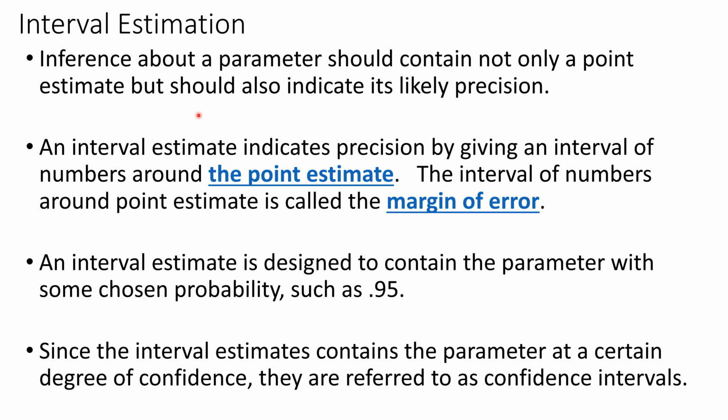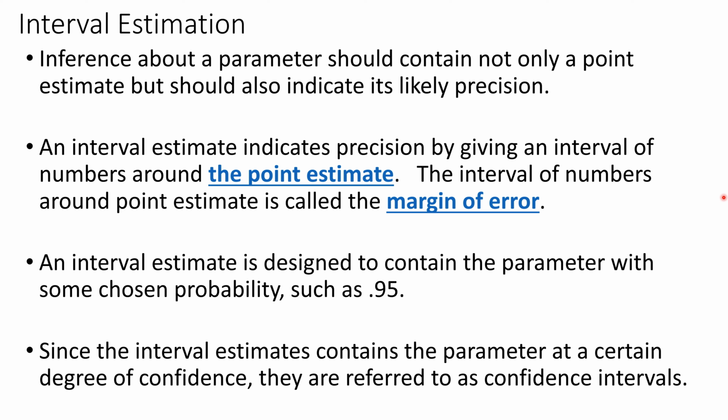The second estimation method is called interval estimation. An inference about a parameter should contain not only a point estimate, but also indicate its likely precision. An interval estimate indicates precision by giving an interval of numbers around the point estimate.